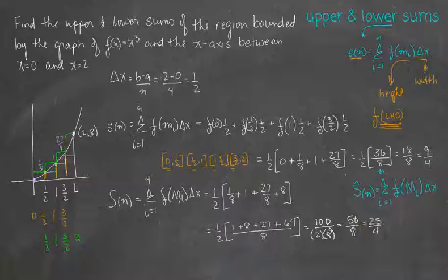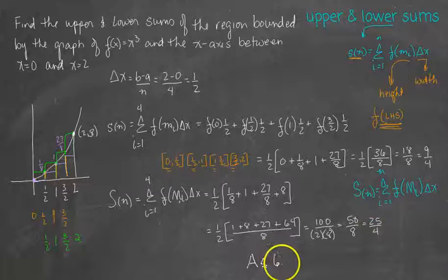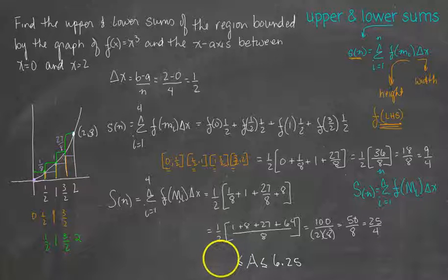That tells us that the actual area under this curve is less than or equal to, could be, obviously from the picture it's not, but it could be, we don't know, 25/4, which is 6.25, and greater than 9/4, which is 2.25.